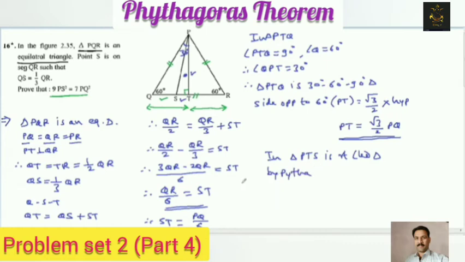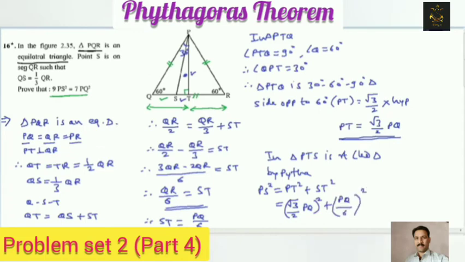PS. PS square is equal to PT square plus ST square. We'll put the values. PS actually we have to find. What about PT? This is root 3 upon 2 into PQ. We'll write the square of this one, plus ST, which is here PQ upon 6, squared.